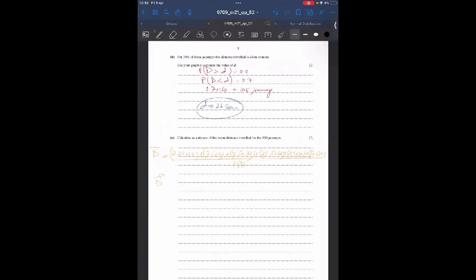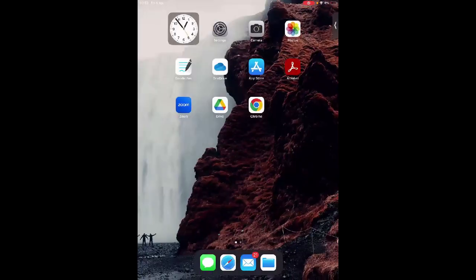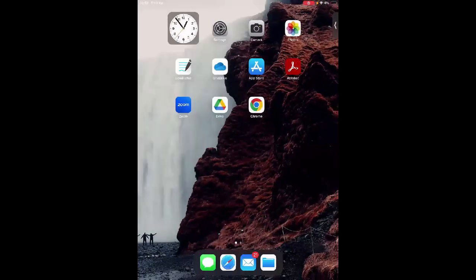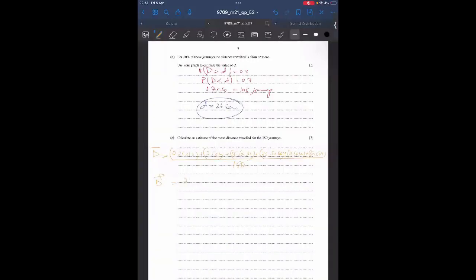Sir, is this Σfx over Σf? Yeah. 21.6. We're getting 21.6 kilometers. That's the mean distance. All right. Is it clear or not, Iman? Yes, sir, clear.